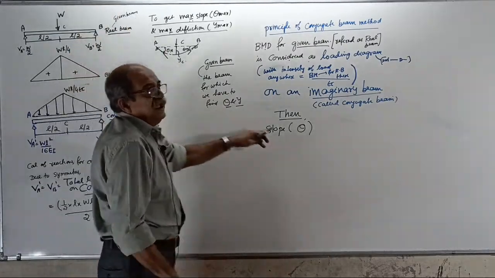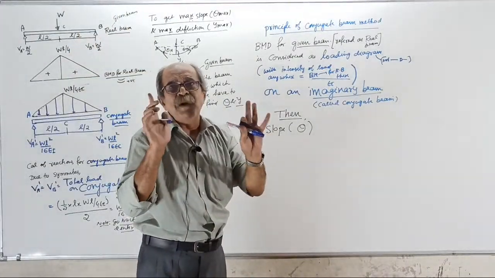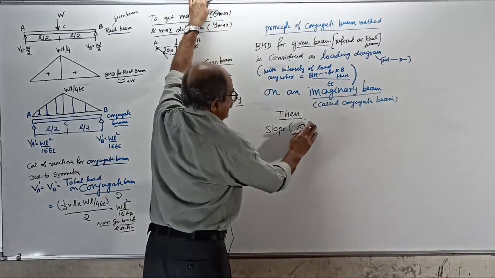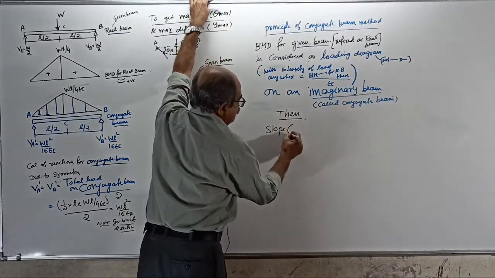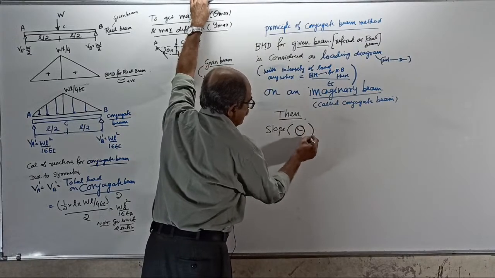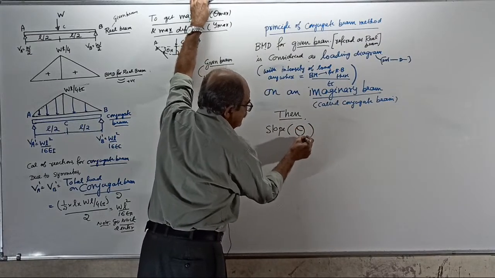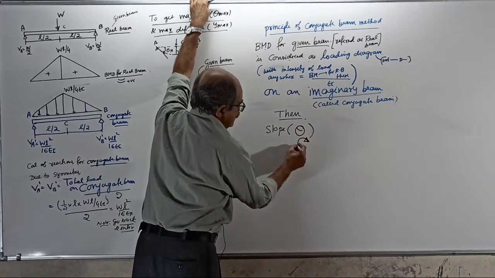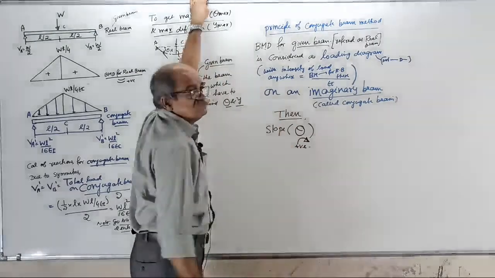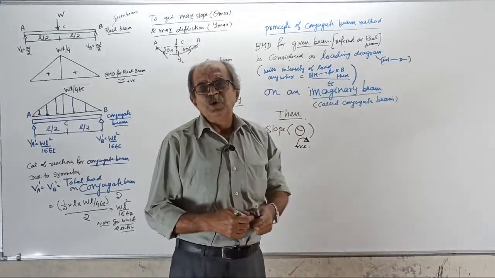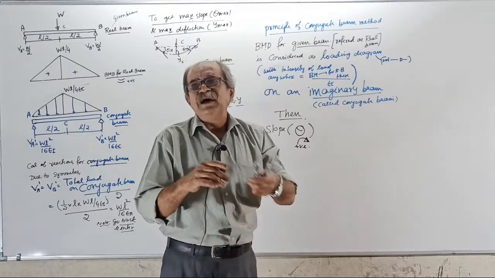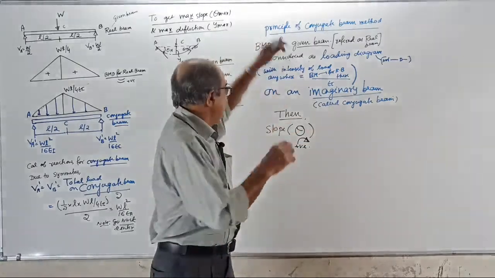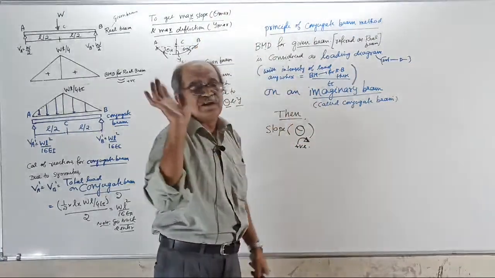Here, standard format. Then slope is always clockwise positive. So here you don't have to bother whether it is clockwise or anti-clockwise. The sign will tell you the answer.